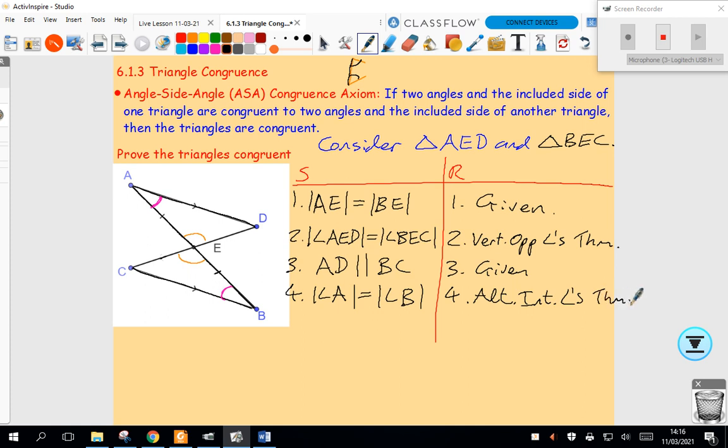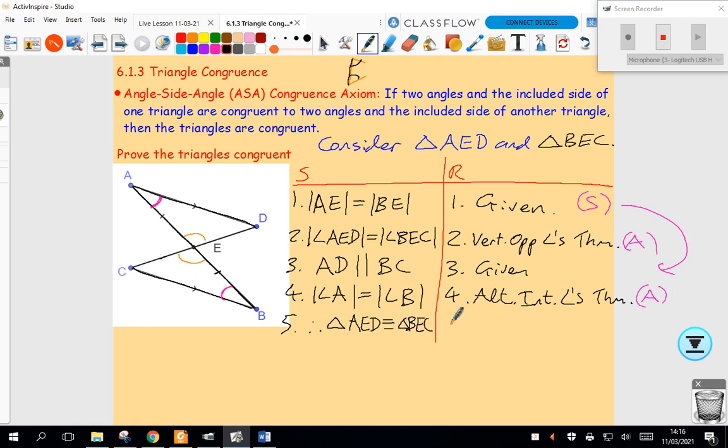Okay, and then what we have, note, we have a side, we have an angle, we have another angle, but what's important is that this side is in between the two angles. So statement number 5 will be a conclusion. It's going to say, therefore, the triangle AED is congruent to the triangle BEC.